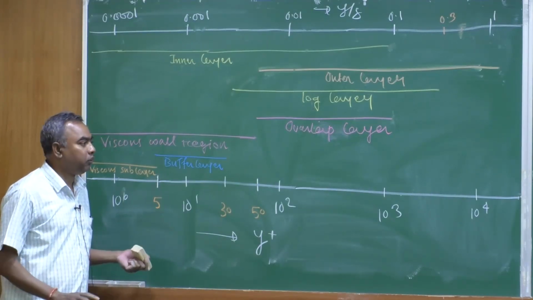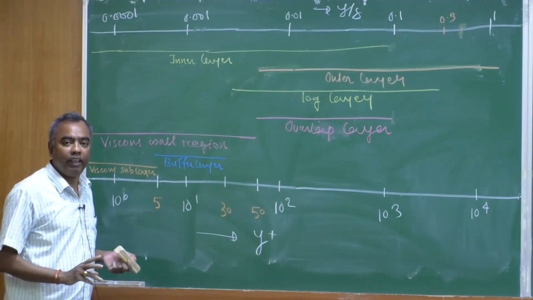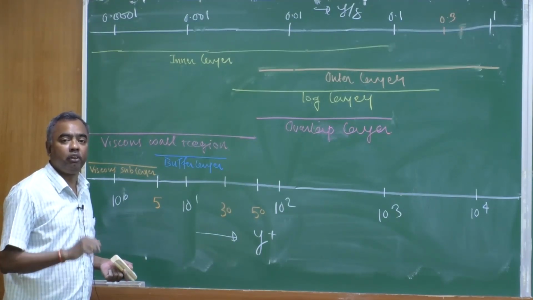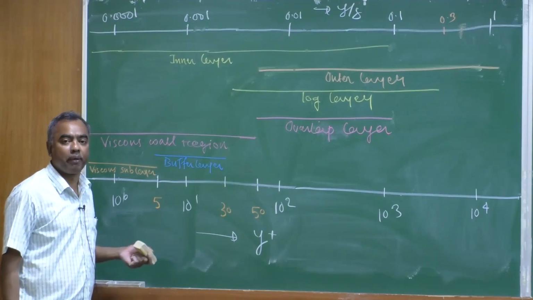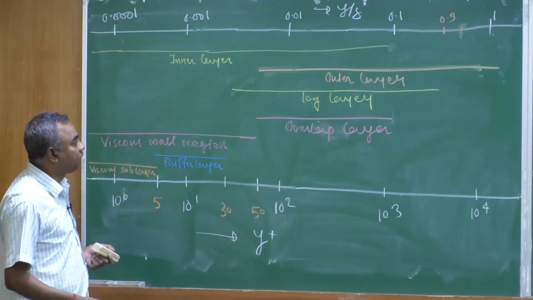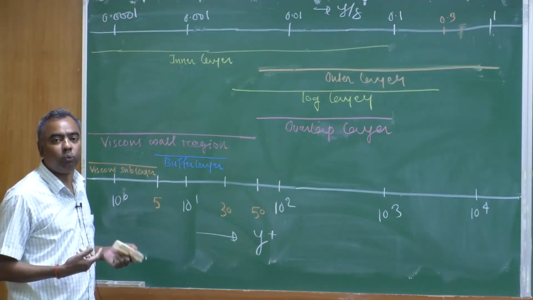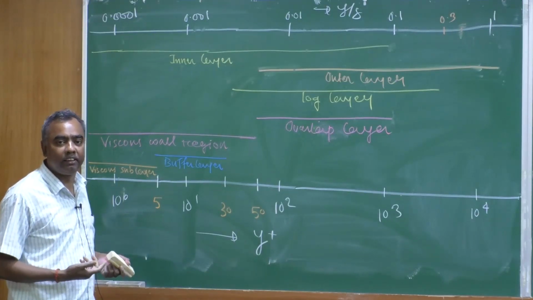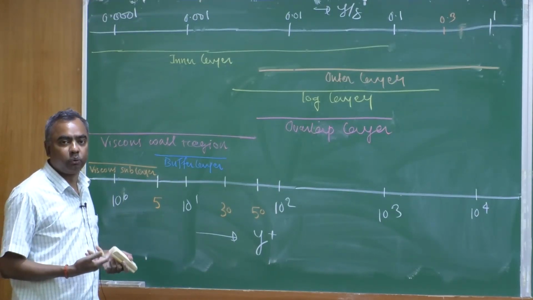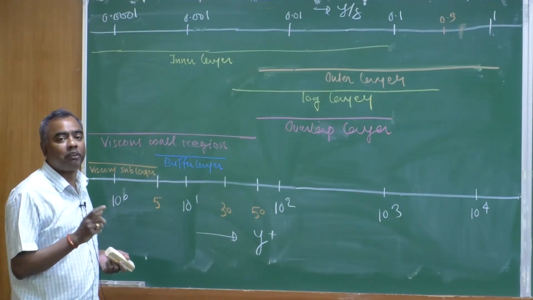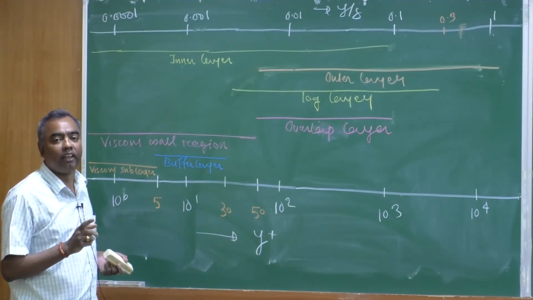These two laws are mainly determined by the viscous scales. Now, let us start talking about the defect law. What is the defect law? Defect means defect in velocity, that is, how much the velocity is less compared to the center line velocity.